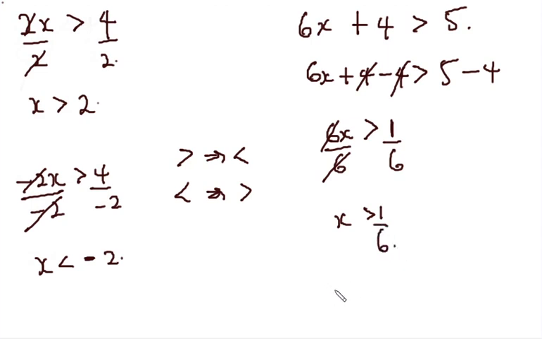Okay, so let's clean up space. Say we have 6x plus 7 is less than 8x plus 9. To solve this, we are going to move our x values to one side and our constant values to the other side.